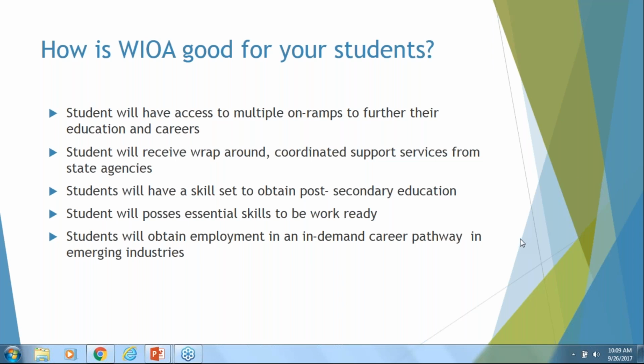On-ramp is basically a door. We need multiple doors for students to enter into our adult education program. We know that there's not a one-size-fits-all situation. Our students have multiple classifications. When you do the TABE test, some of them come in at the 0 to 6th grade level, or between the 6th and 8th grade level.